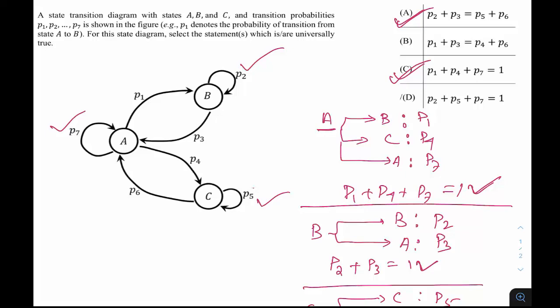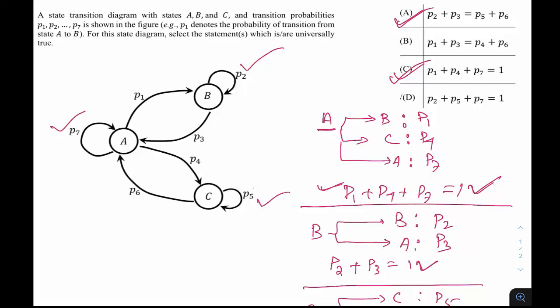Because we don't know the numeric values of P1, P2 up to P7, we cannot say what this is. Some of you may say, sir, if we take it as equiprobable cases, that means all the probabilities are the same, then yes, this can be correct. But we don't know. For example, in the first case we said P1 plus P4 plus P7 equals 1.